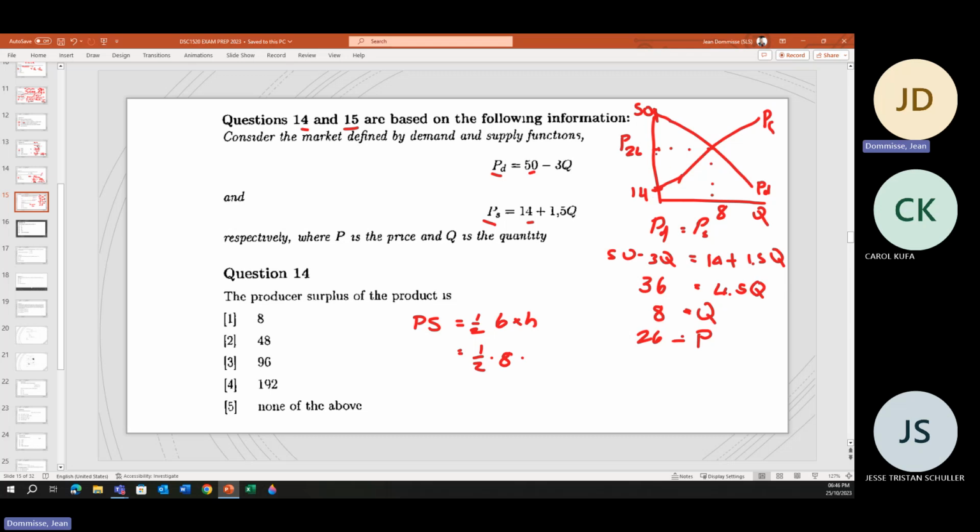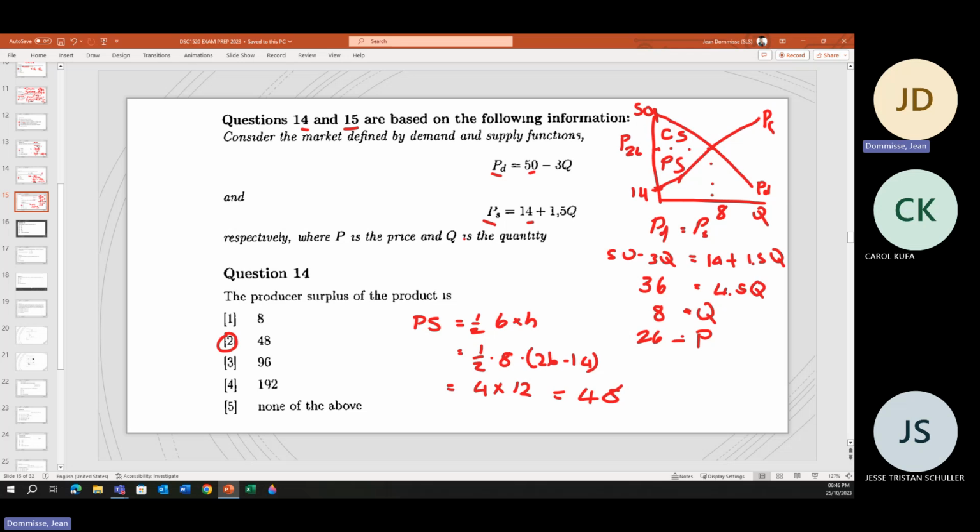And height, we know that, remember, that is producer surplus, that's consumer surplus. So 26 minus 14. So it's half times 8 is 4 times 12. It is 48. Okay, so that's your producer surplus is 48.